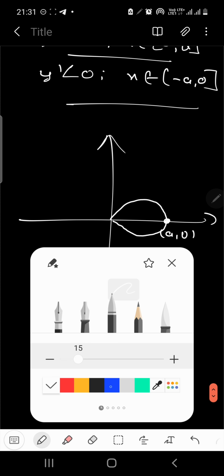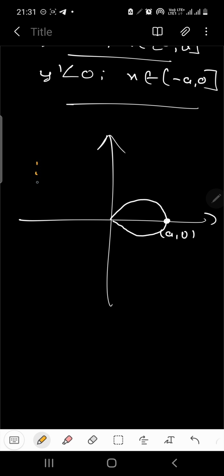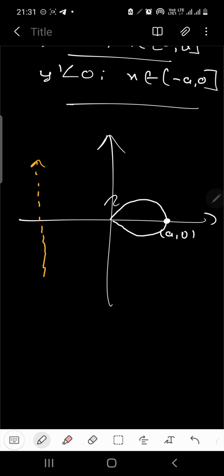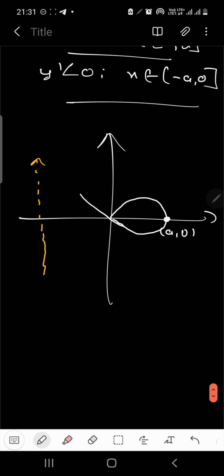Since this is x equals minus a, the curve will tend towards infinity as it moves towards x equals minus a. So the curve becomes something like this: this goes upwards and this comes out downwards. So this is the actual tracing of this particular curve.